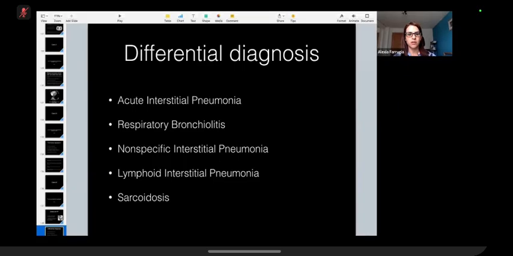There's usually some more prominent sarcoidosis, alveolar sarcoidosis in this case, because it's a process centered on the center of the pulmonary lobule.